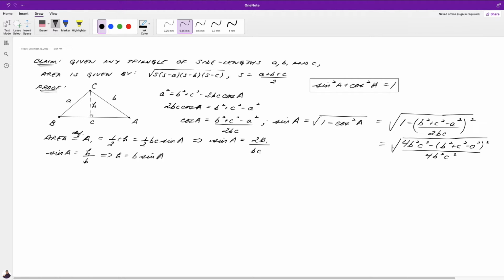Well, the square root of 4b squared c squared is just 2bc, so this becomes the square root of 4b squared c squared minus the quantity b squared plus c squared minus a squared all squared, all of that divided by 2bc.